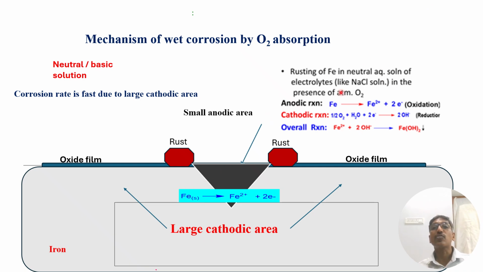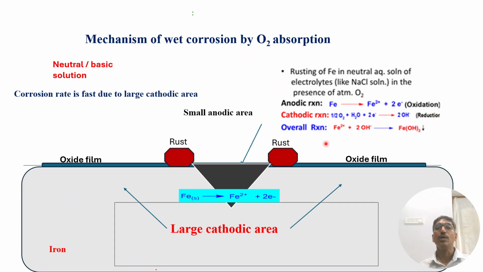So the overall reaction, when you look into this, is the rusting of iron in neutral aqueous solution of electrolytes such as sodium chloride solution in the presence of atmospheric oxygen. In the anodic reaction, iron is getting oxidized into iron ion with release of electrons. In the cathodic reaction, 1/2 O2 plus H2O plus 2 electrons leads to 2 hydroxide.